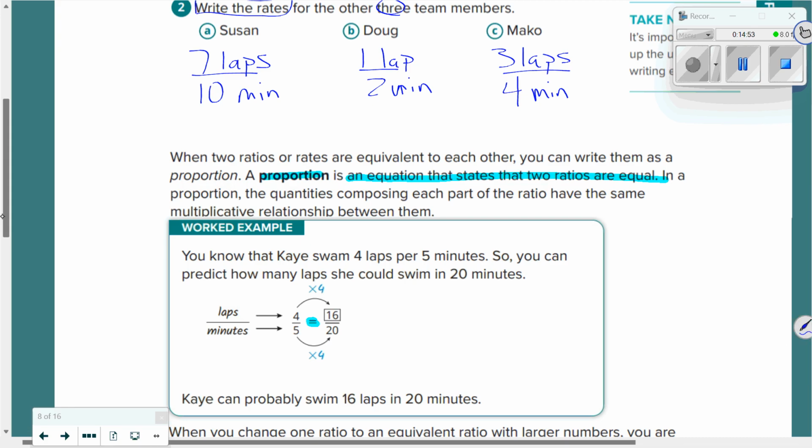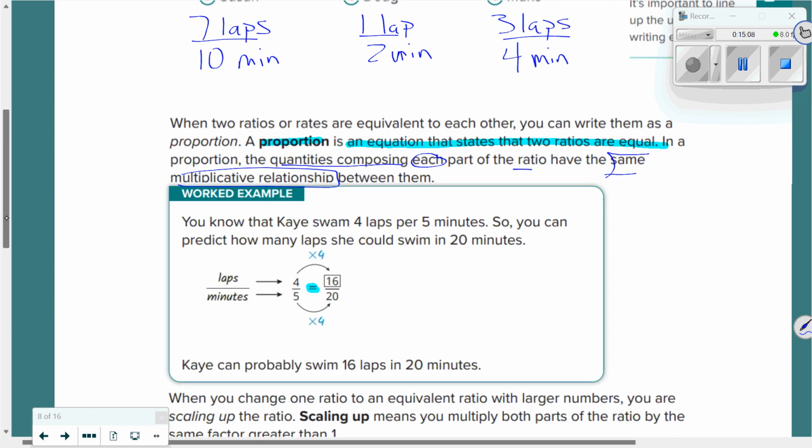The quantities composing each part of the ratio have the same multiplicative relationship between them. There's your key. Because that equal sign is there, I know whenever I do the one side, I have to do the other. So in this case, we knew the cadence went 4 laps in 5 minutes, which allows us to predict how many laps you will do in 20 minutes.